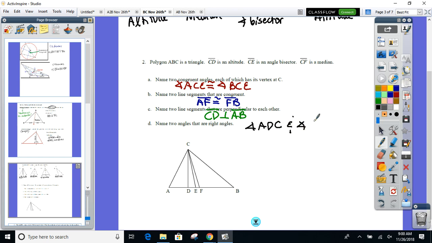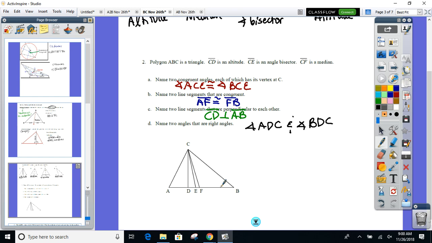And what was the other one? BDC. Yes. I had CDE on my paper. BDC is fine. CDE, CDF, that's fine. Any questions there on all those?